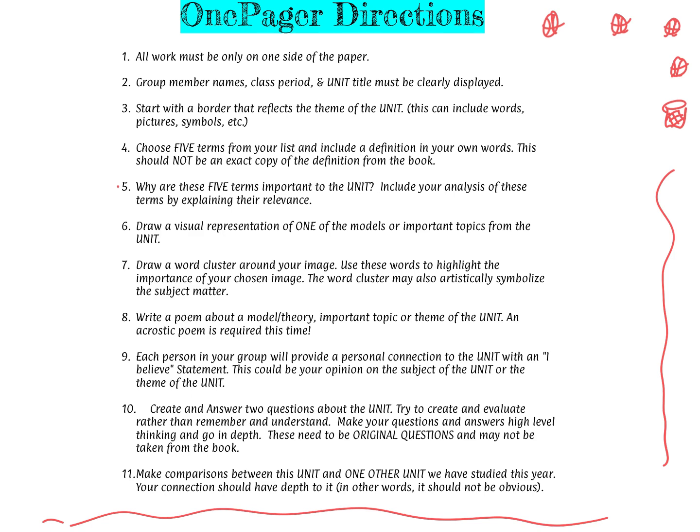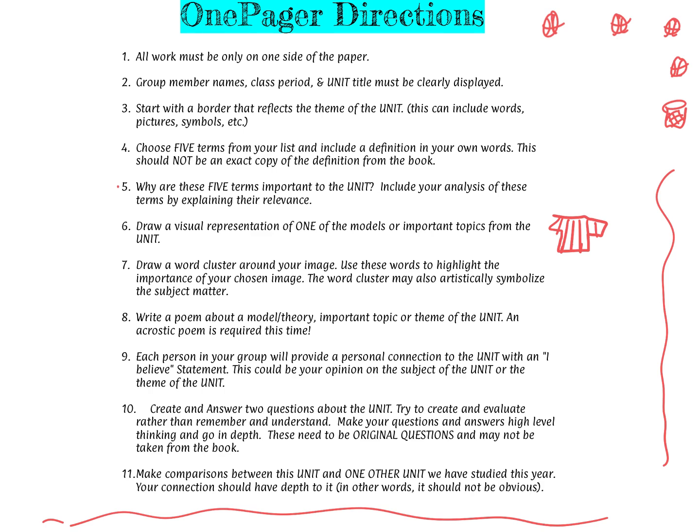Number 6 says draw a visual for one of the models or terms. So again, you would choose something. Maybe I choose a referee. And I'm going to draw my referee stripes. Number 7 says a word cluster around the image. So 6 and 7 are kind of together.